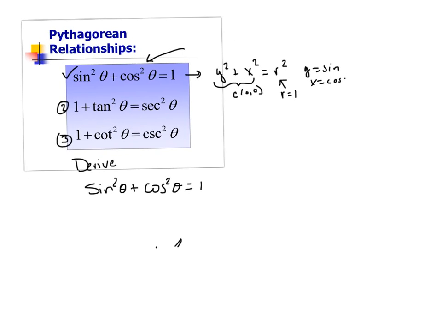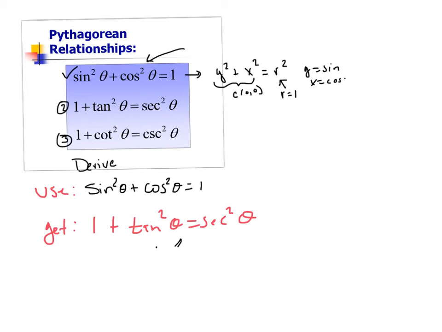Let's look at number 2. We're going to use this to get 1 plus tangent squared theta equal to secant squared theta.